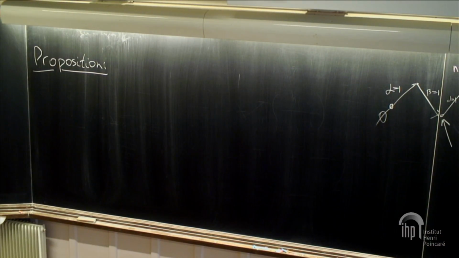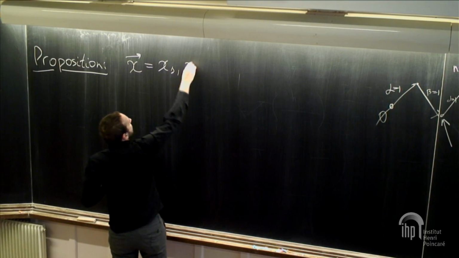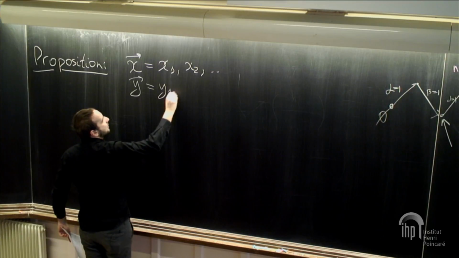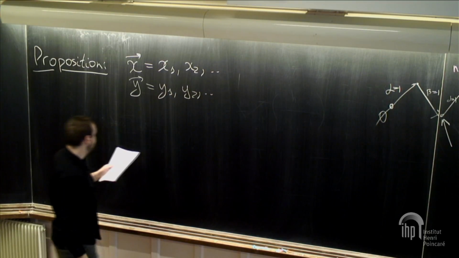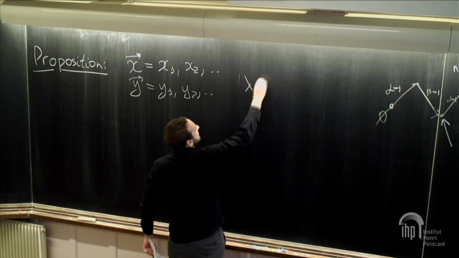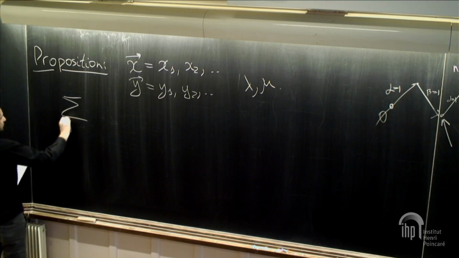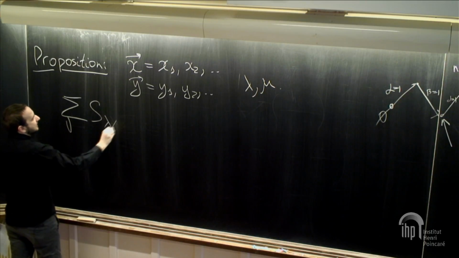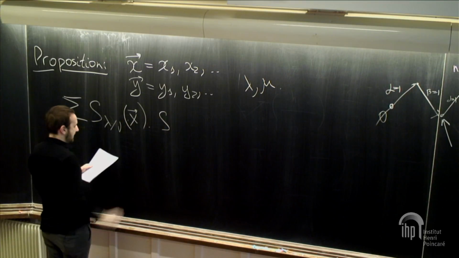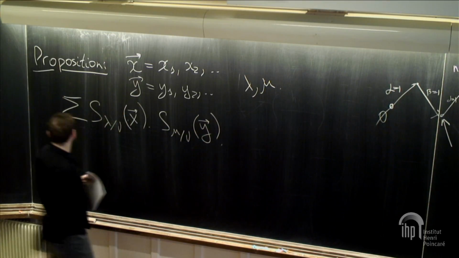It says that if you have two sets of variables, x's, which are x1, x2, etc., and y's, which are y1, y2, etc., and then you fix also two Young diagrams, lambda and mu. And if you want to compute the sum over all nu of s lambda over nu in x's times s mu over nu in y's.